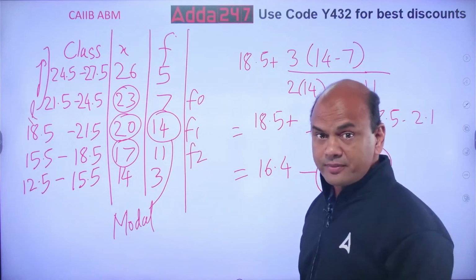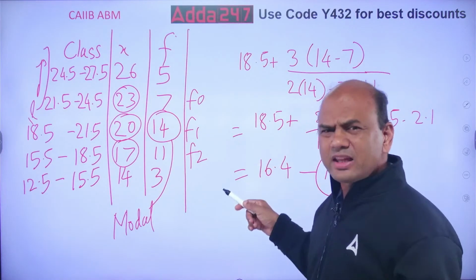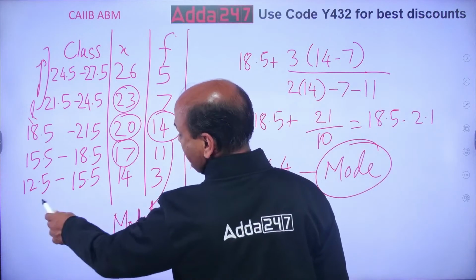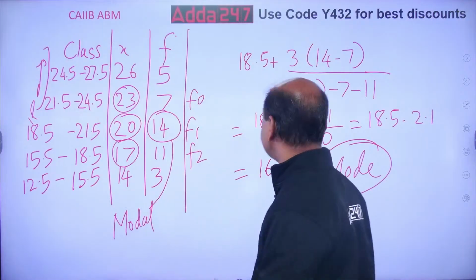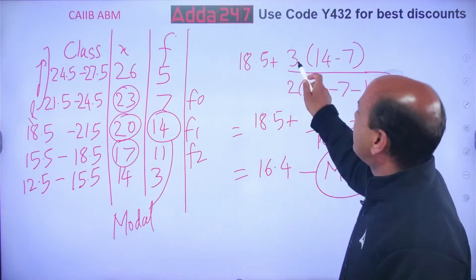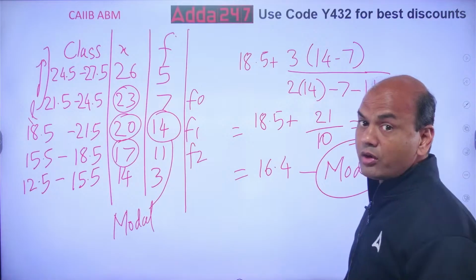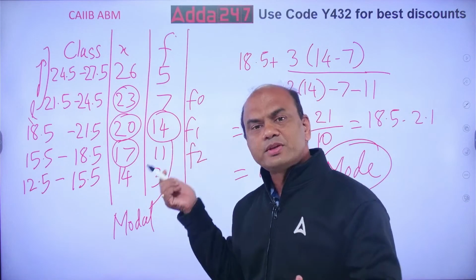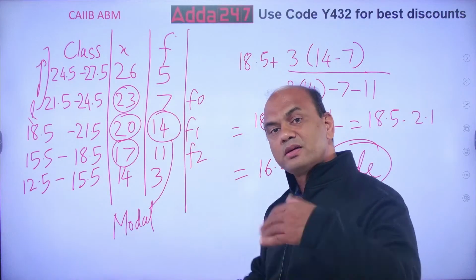So what is the formula? L1 plus width into, what is the width? 3. We just now found out the width 3. So L1 plus 3 into F1 minus F0. See, this is F1. What is F0? F0 means the earlier one.